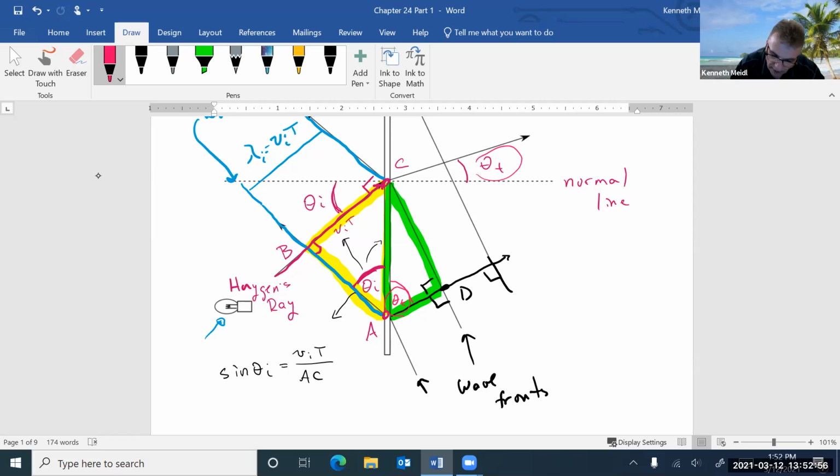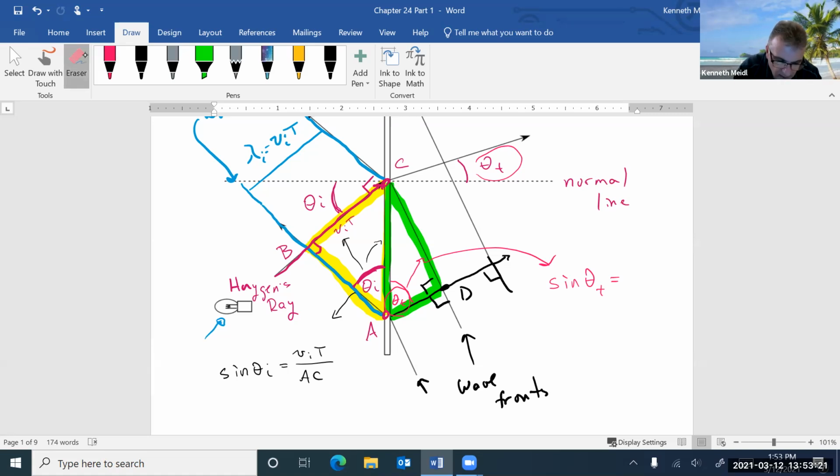Now, in that triangle, if I were to take the sine of the transmitted angle, that's the opposite side. Let me see here. I'm trying to rethink my geometry a little bit.